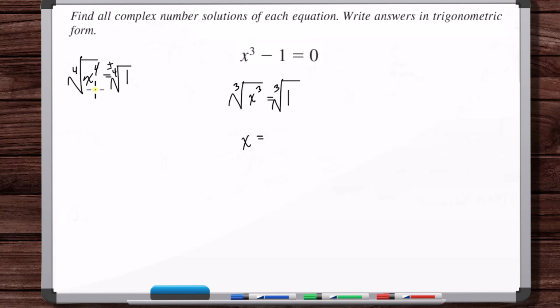If you're allowing for complex solutions, then you don't want to do the plus or minus here, because that's not going to work. The square root property wouldn't work if you had x to the fourth is equal to minus 1.